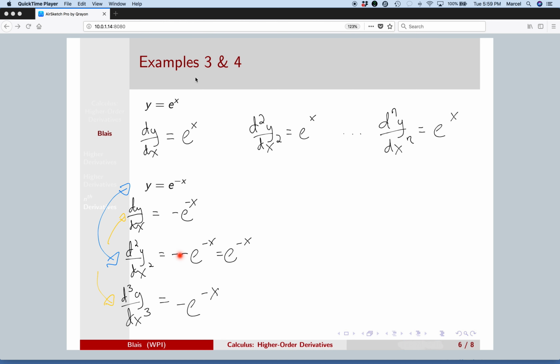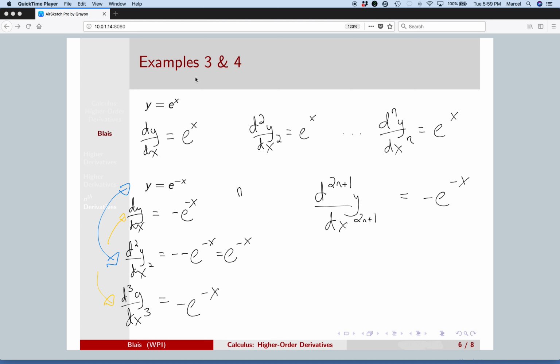So the result here is that our higher order derivatives, if they're odd order, we get a minus e to the minus x. So we can say the derivative, well, how do you write an odd integer? 2n plus 1. That's going to be minus e to the minus x.